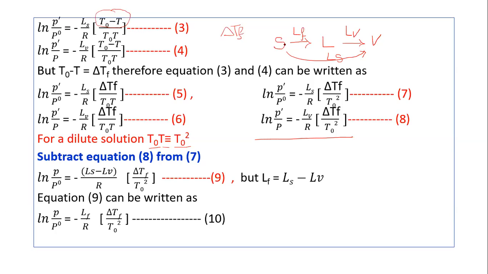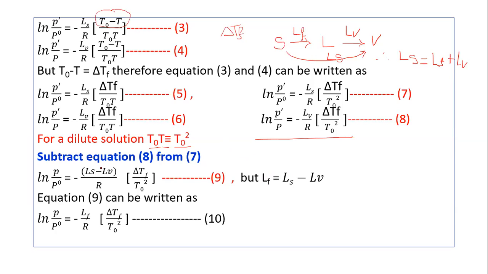Now if you see, solid is converted to the vapor here, so LS is equal to LF plus LV. Therefore, LF is equal to LS minus LV. What is LF here? Latent heat of fusion.